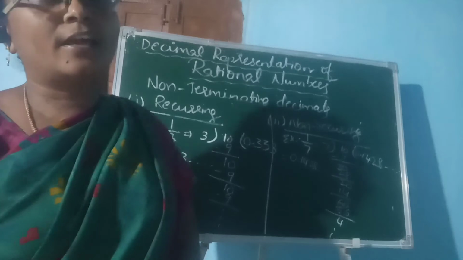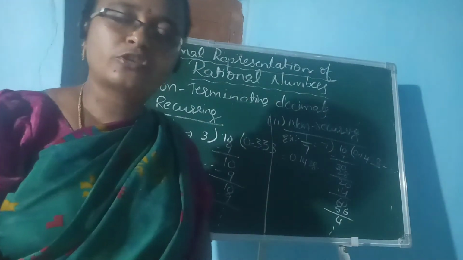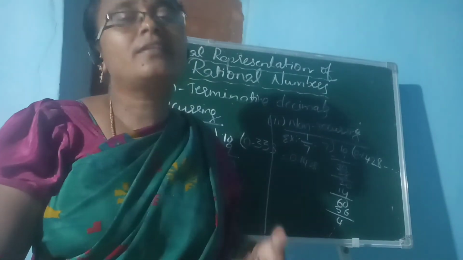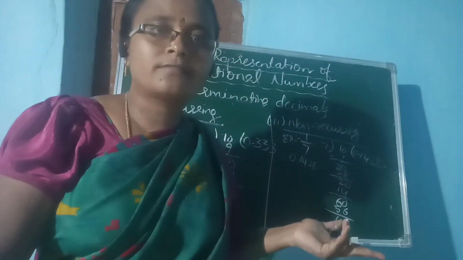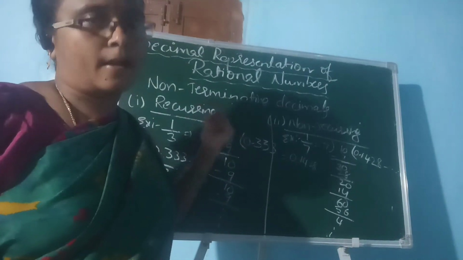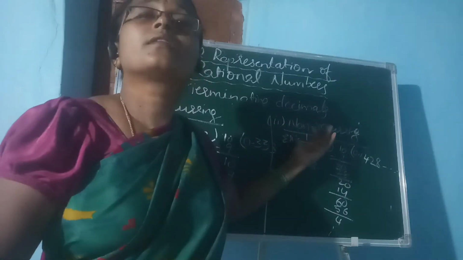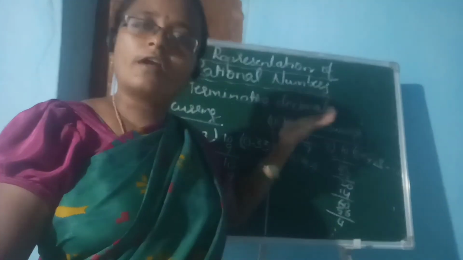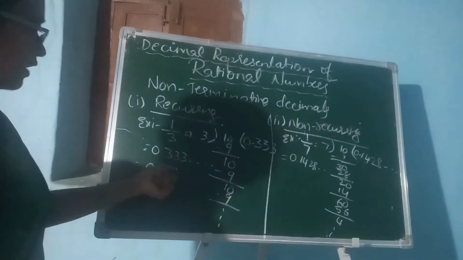So what I have taught here is the decimal representation of rational numbers. First, terminating decimals. Next, non-terminating decimals. Among these, I have explained recurring or repeating decimals. The second one is non-terminating, non-recurring, meaning non-repeating decimals. I have also spoken about the bar.